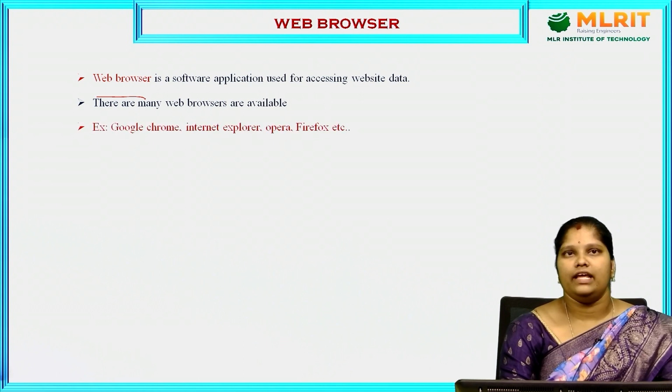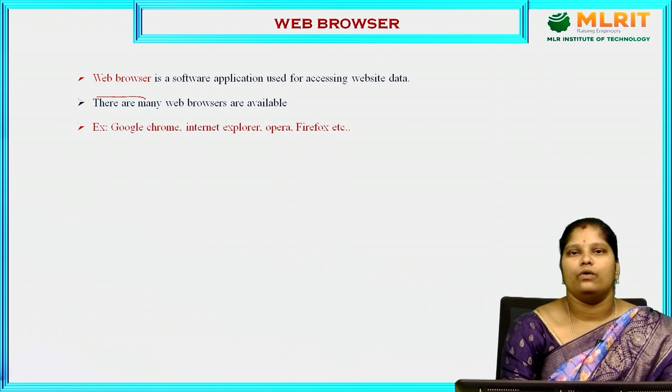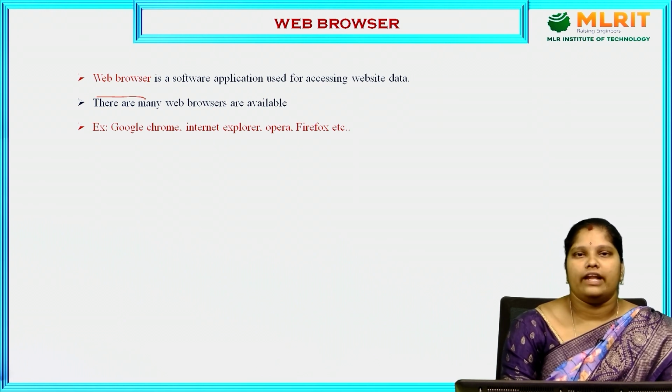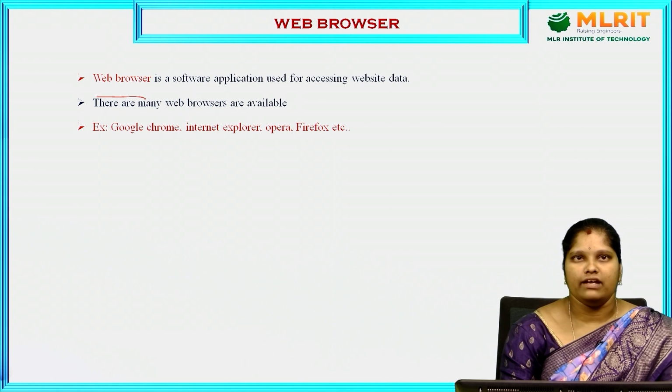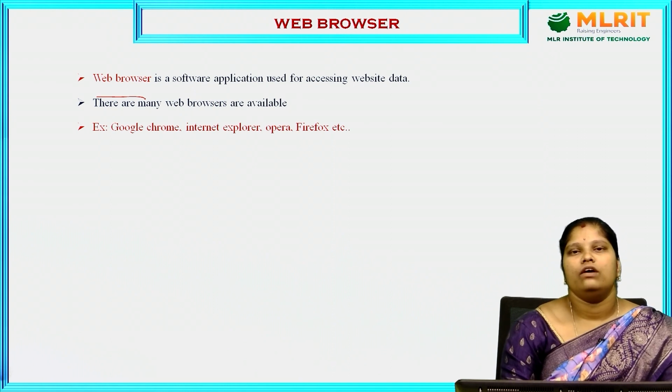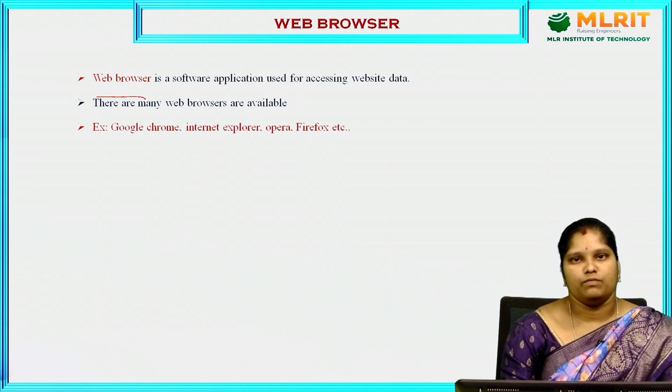There are many web browsers: Google Chrome, Internet Explorer and Firefox. If you want to access the MLR80 page or any Gmail page, first you need to go to Google Chrome or Internet Explorer, and in that web browser we search for Gmail or whichever website you want to visit, right?